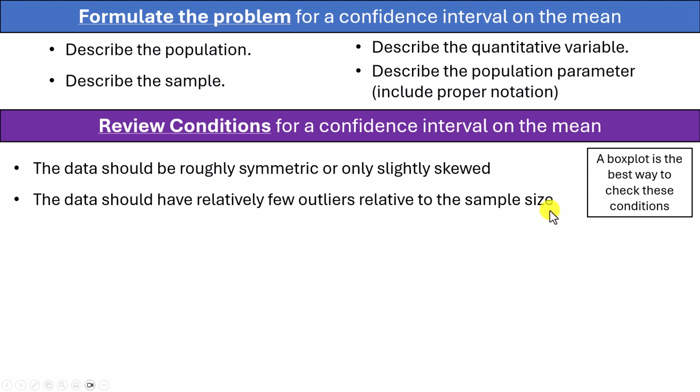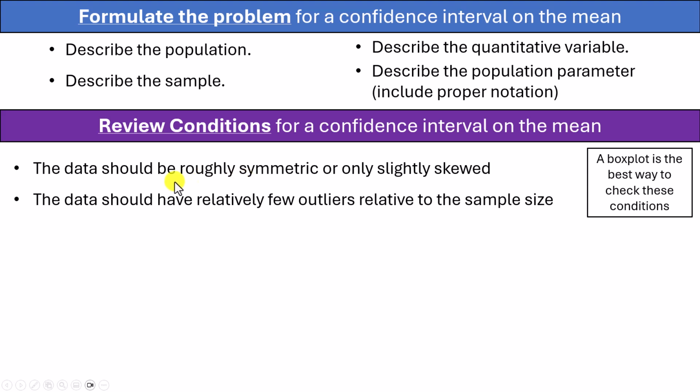You're probably going to see that you need to meet one of two possible requirements. You're probably going to see you need to either have a large sample size, usually they say at least 30, or you should be drawing from a variable that already is normally distributed. And as long as you met one of those two things, then you'd be okay to move ahead with the confidence interval for the mean. But these are the two conditions that we're going to be using in this textbook.